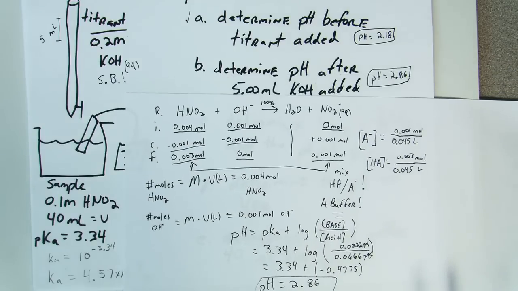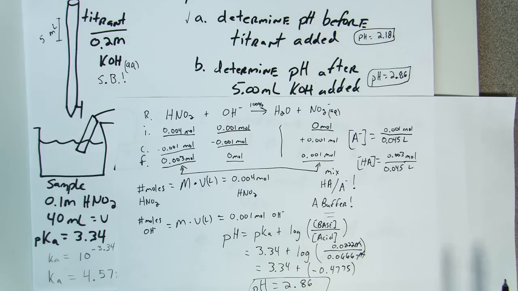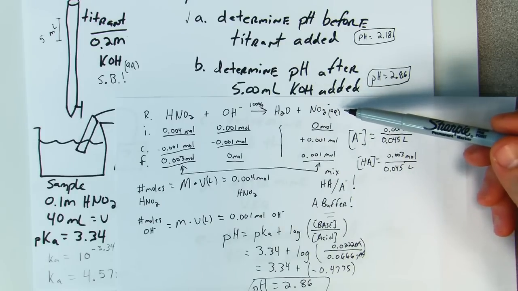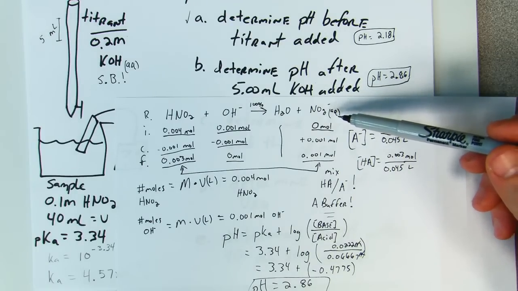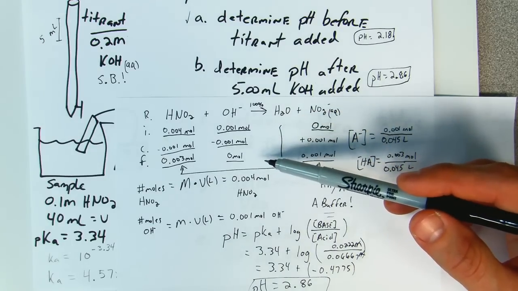Now, how did we handle this situation? Again, the strategy is what's important for us. It was real simple. We just made a logical statement of what the reaction was. We used our inventory-based approach to figure out how many moles of everything we had after the reaction occurred.